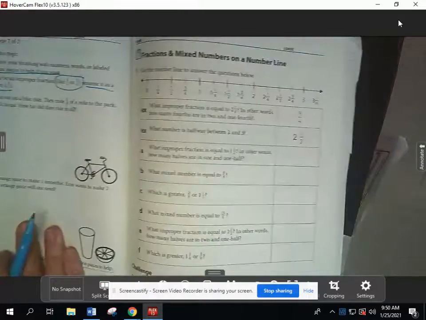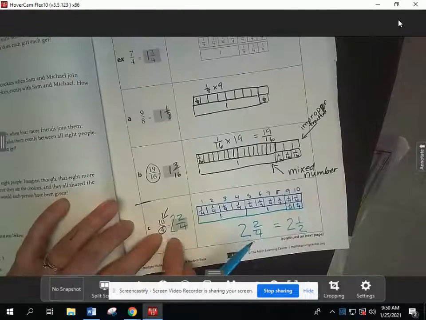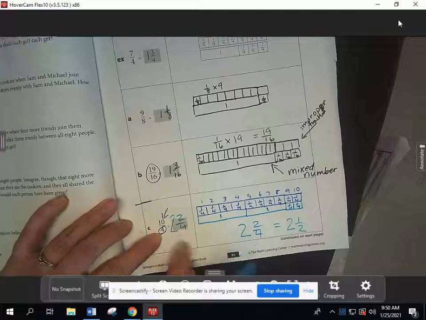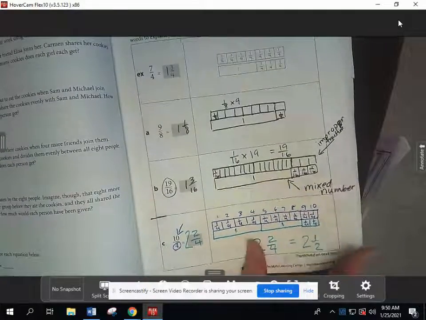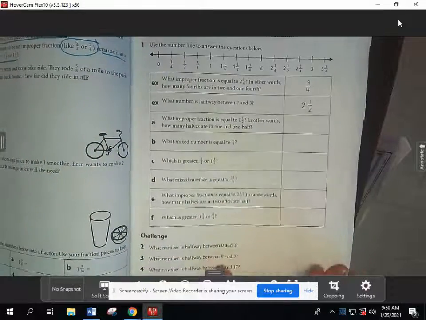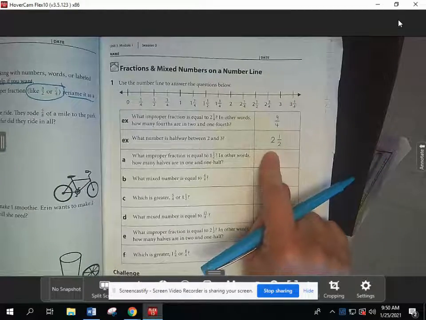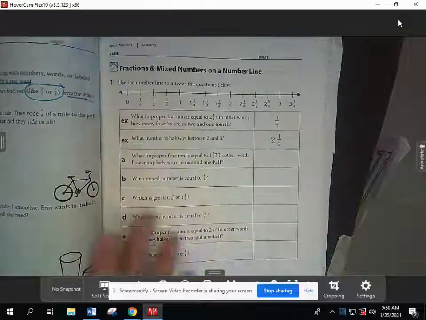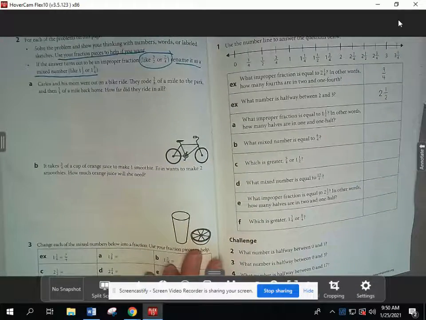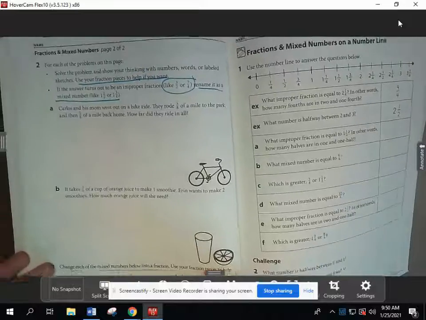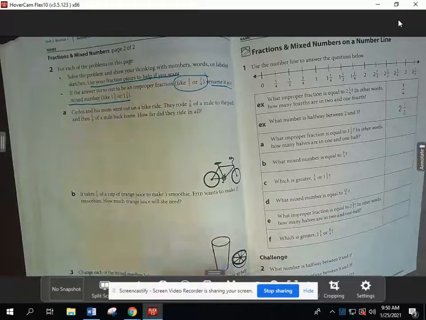It's telling you that if it looks like this, it can't stay like that. It's got to turn into a mixed number. There's going to be times when you will have mixed numbers and they're going to tell you to turn it into an improper fraction. So you have to know what your directions tell you. Do you see that I underlined them for you so that you understand?